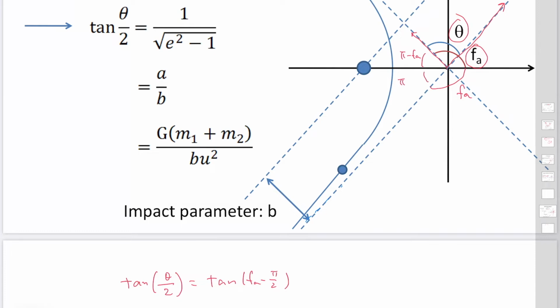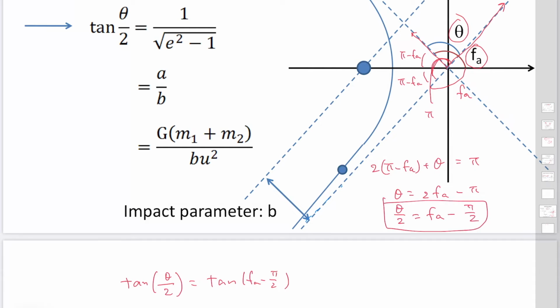This is pi minus f sub a. So this angle becomes pi. So pi minus f sub a, 2 times, plus theta has to be equal to pi. So theta is expressed as 2 f sub a minus pi. So theta over 2 is f sub a minus pi over 2.